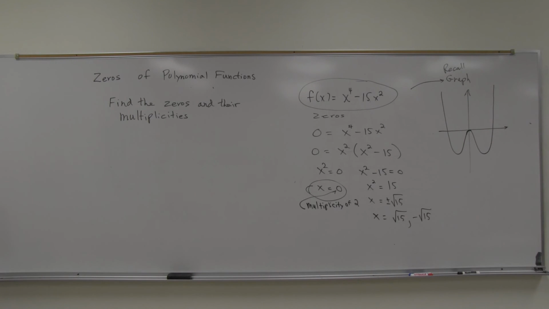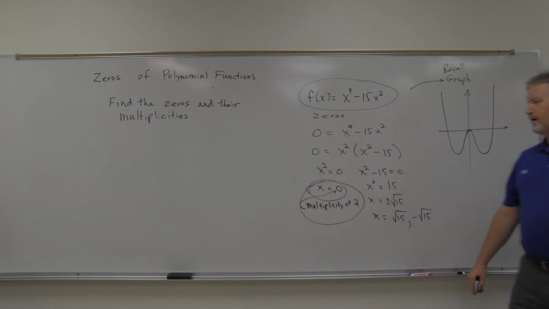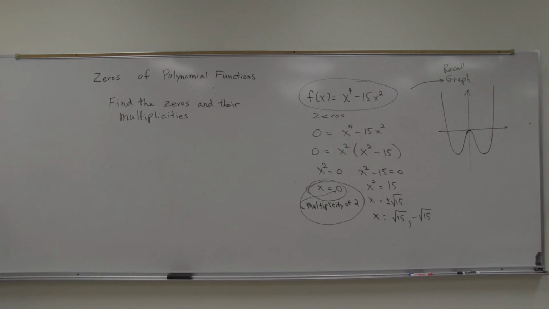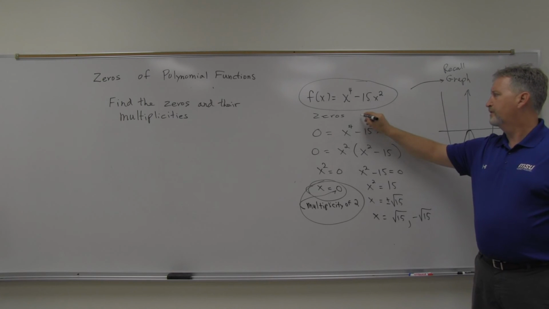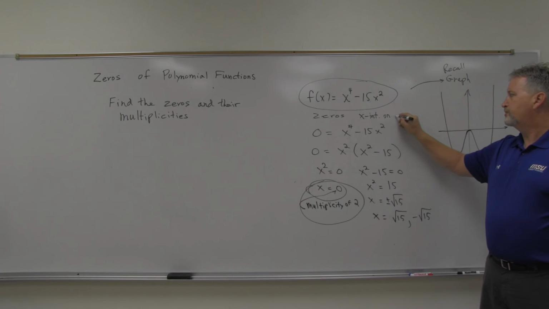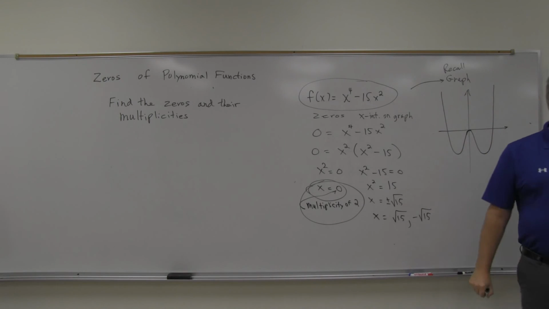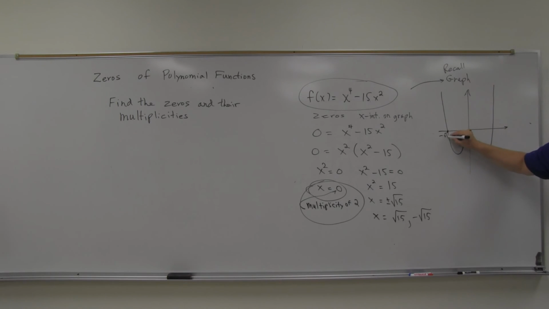Why I bring this up is because this highlights one thing the multiplicity tells us. These zeros, the real zeros, are x-intercepts on the graph. Why is that? Because the y is 0. So this one's the negative square root of 15, this was the positive square root of 15, and this was the 0 of 0.